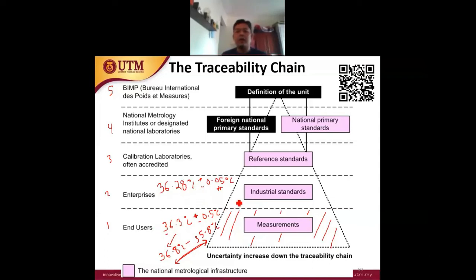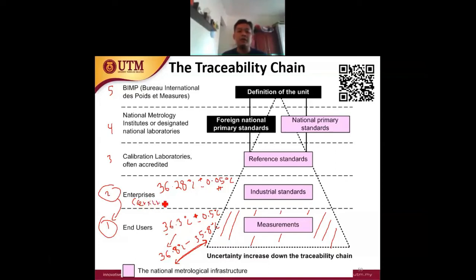Okay, and how it is related, so the tools here are used to calibrate the outcome of the tools at the end user. So the enterprise can be like what I said, like certificates that give the certification.